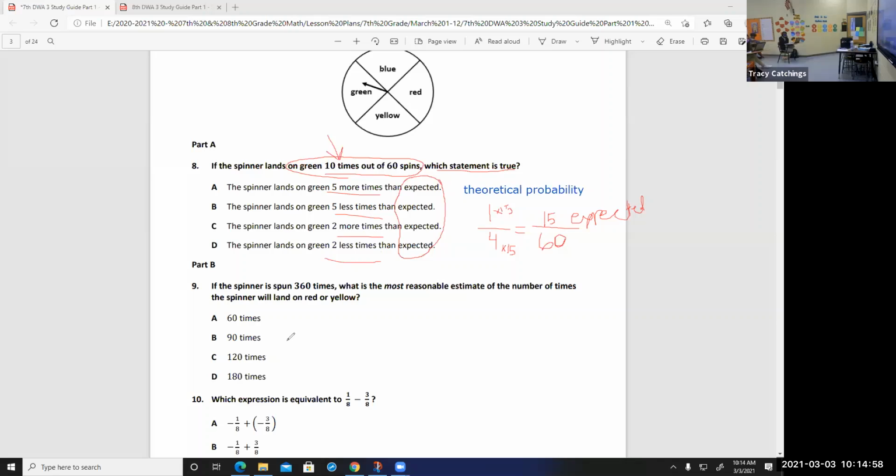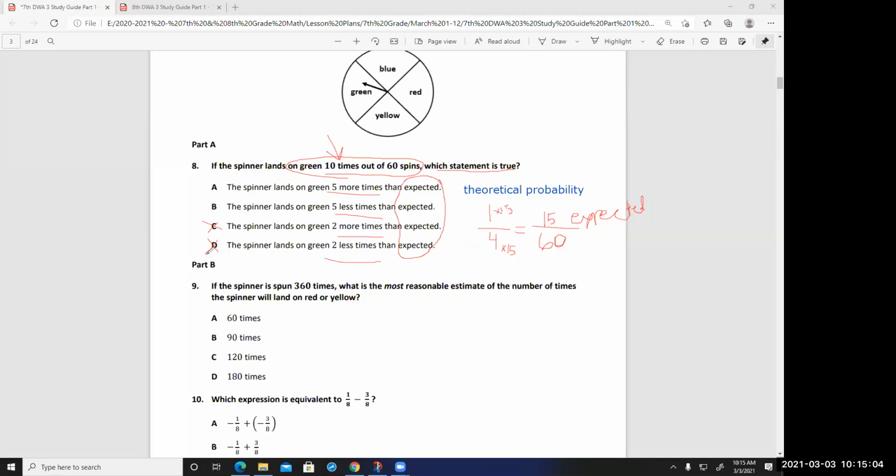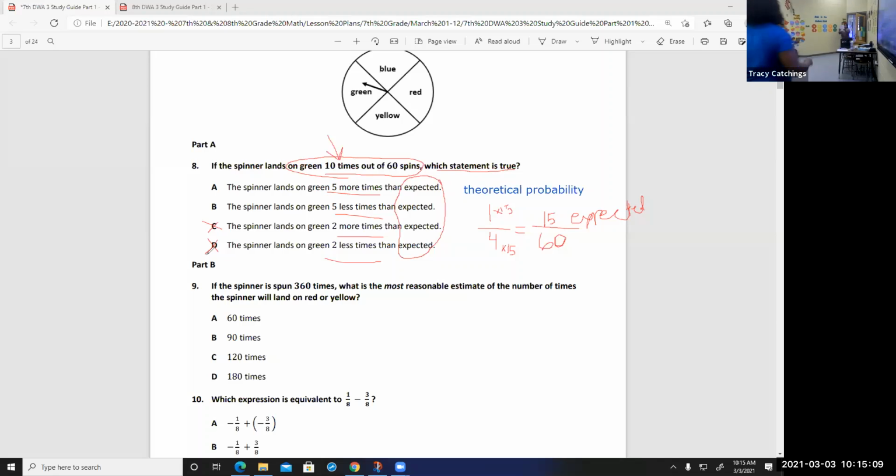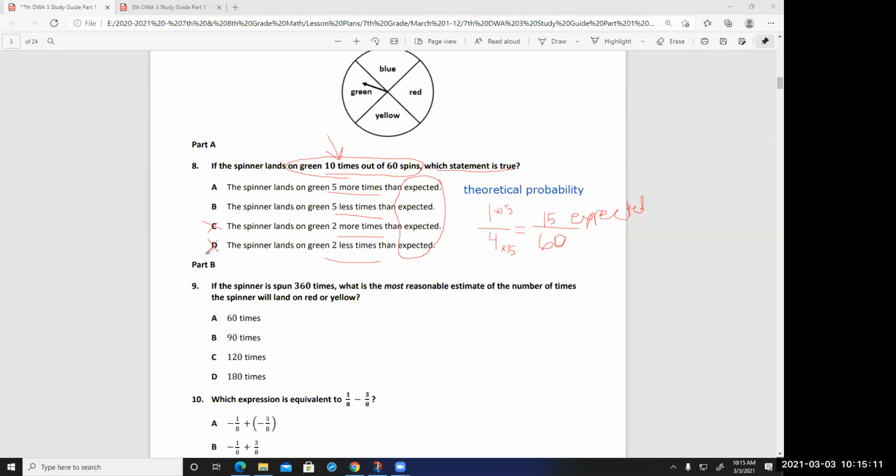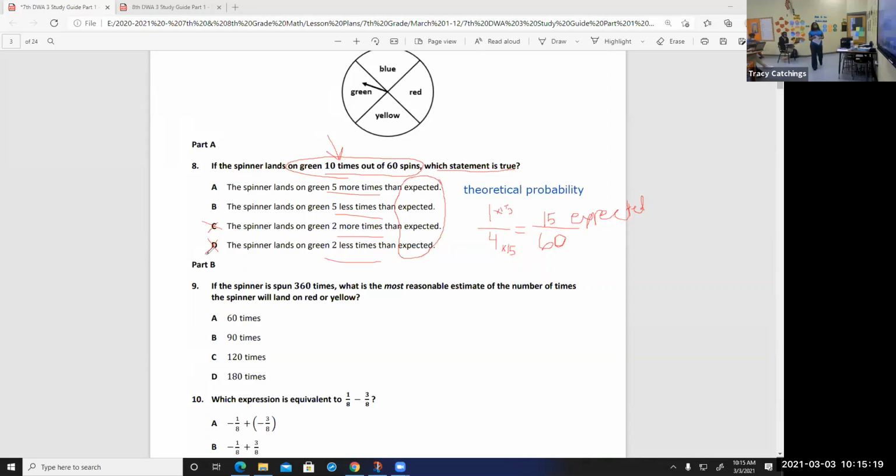Which ones can I eliminate? C and D. So then I need to ask myself, is it more than or is it less than? More than. All right, somebody said more than expected.